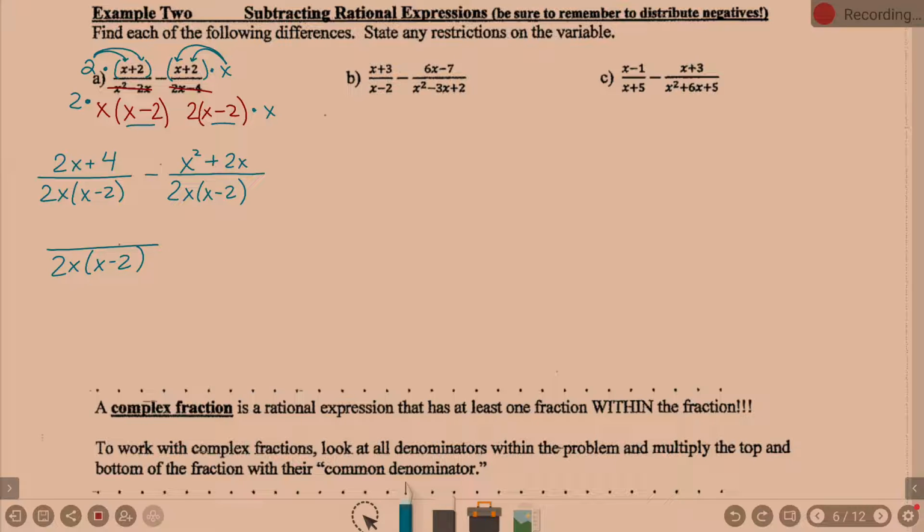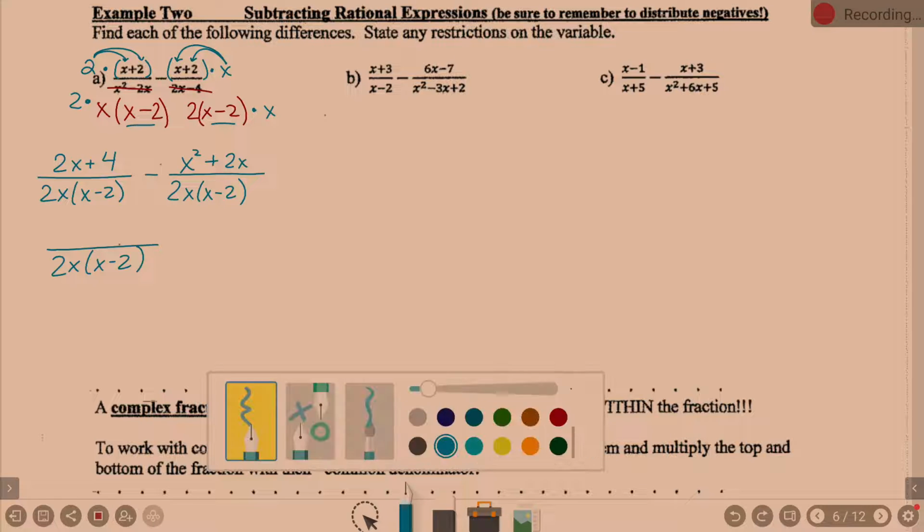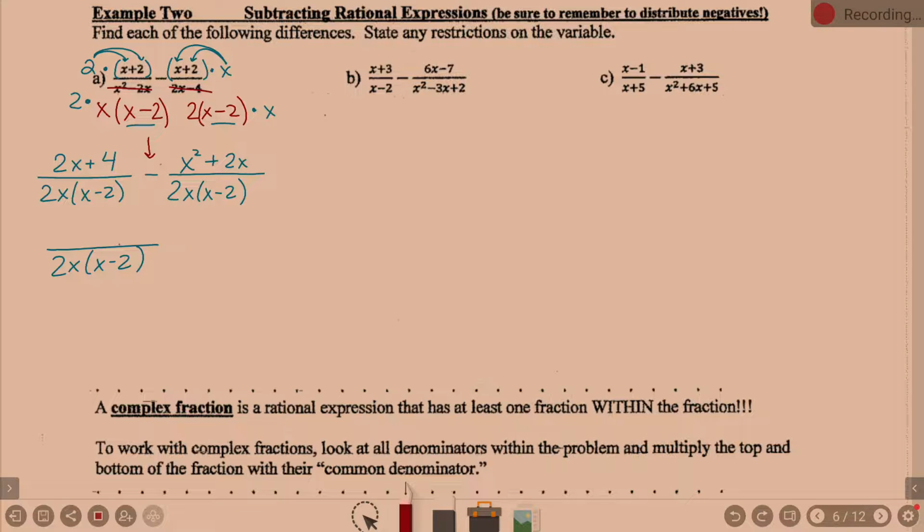You just keep that same denominator. Now, what type of problem is this? Subtraction, right? I'm trying to get you guys to look right here. That's a subtraction sign. So as you subtract, anything on this second fraction is being subtracted.